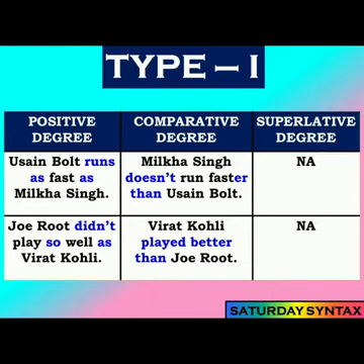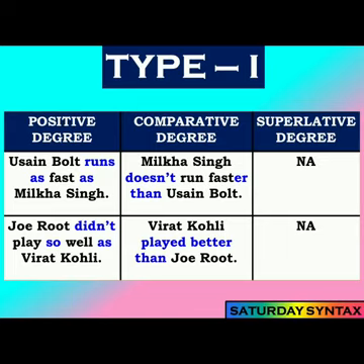Some more examples of type 1 are there. Usain Bolt runs as fast as Milkha Singh. In comparative, of course, we have to turn it into negative, but the sentence is in present tense, so we'll add doesn't. So the answer is Milkha Singh doesn't run faster than Usain Bolt.